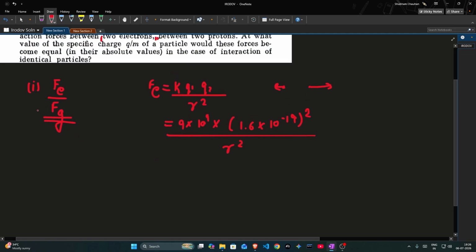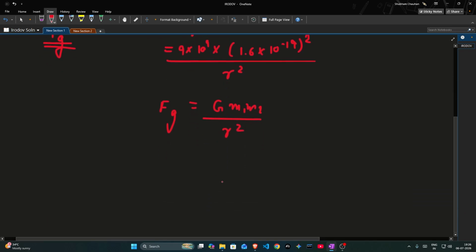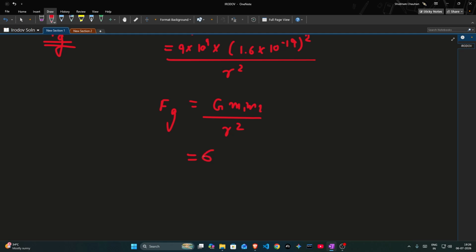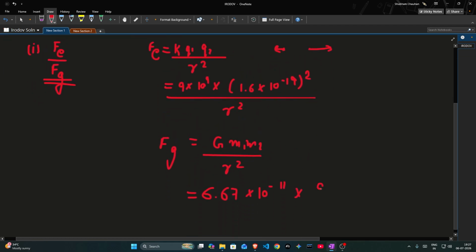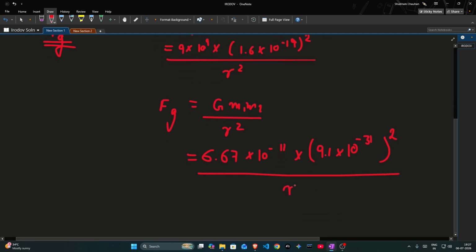Now let's calculate the force of gravitation. That is G m1 m2 by r squared, which equals 6.67 into 10 to the power minus 11, and m1 is the mass of an electron, which is 9.1 into 10 to the power minus 31 kg, and we have that two times, so it is squared, upon the distance between them squared.